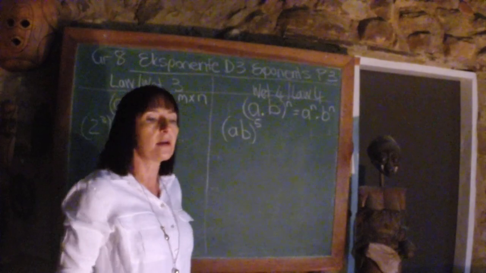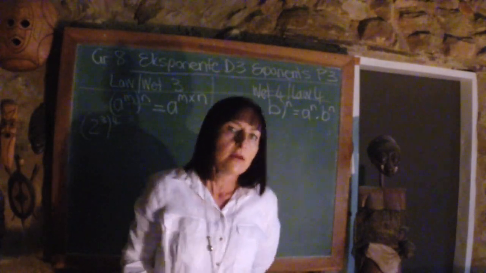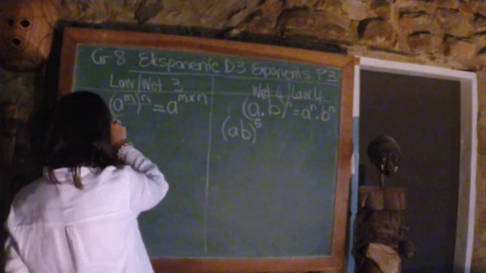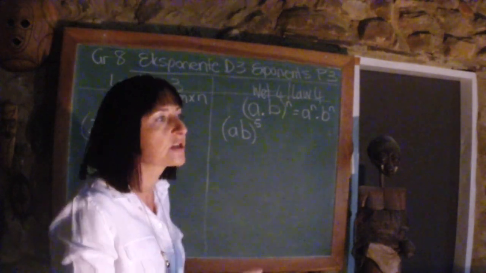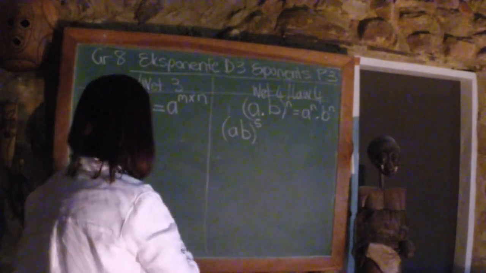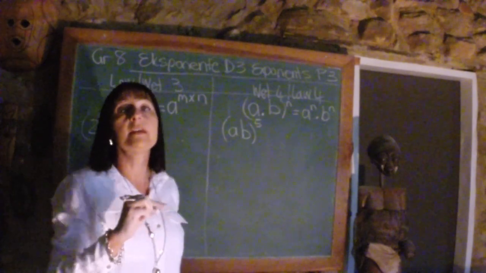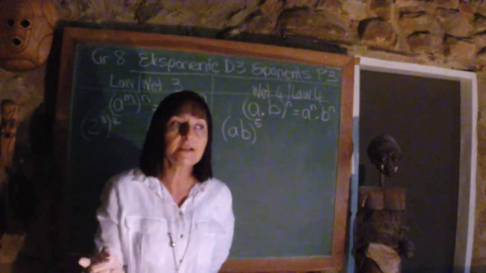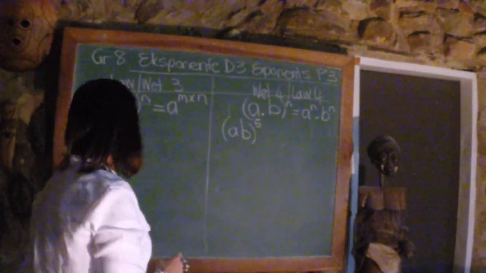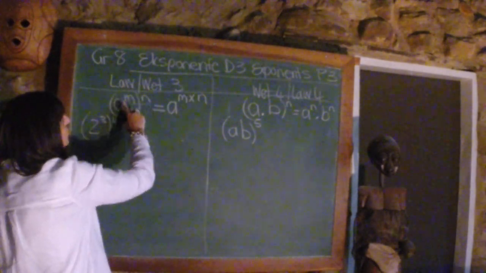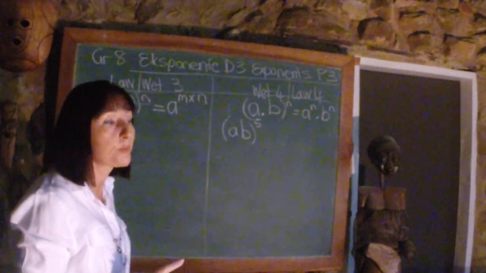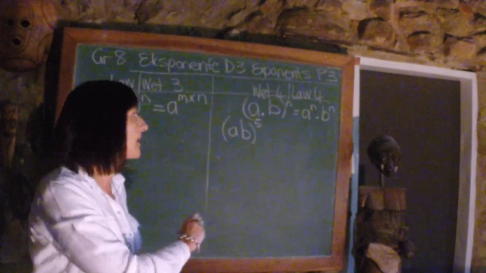As jy kan terugdink aan Eksponentwet 1 en 2, wanneer daar 'n maal tussen grondtalle was of tussen magte was, het ons geplus. Wanneer daar 'n deel tussen magte was, het ons geminus. But now there's brackets between two exponents, so now brackets means multiplication.